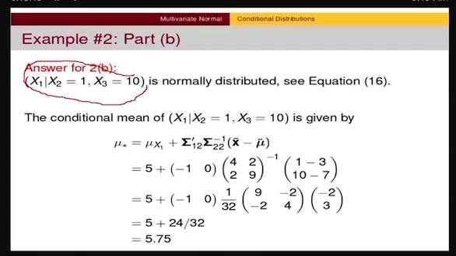This random variable follows a normal distribution, so to find the probability associated with it, I need a conditional mean and a conditional standard deviation, which is exactly what I want to find.